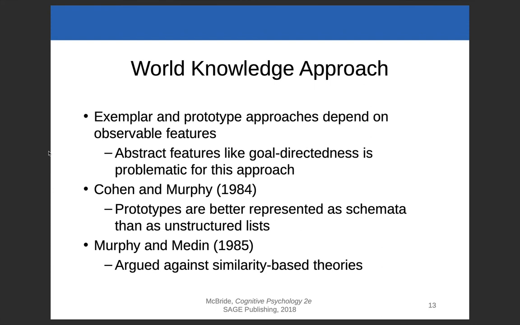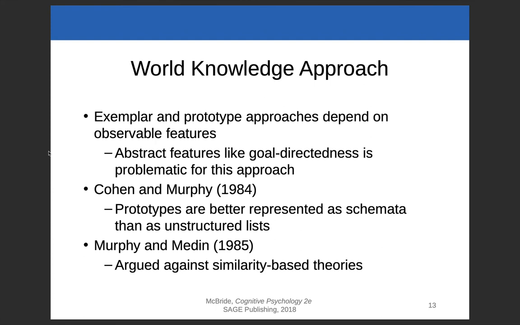The exemplar and prototype approaches do depend on observable features. The problem with goal directedness is that it's abstract. You have to visualize what you're doing with a particular object.